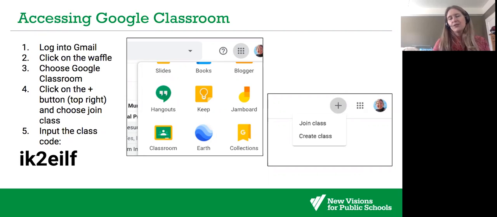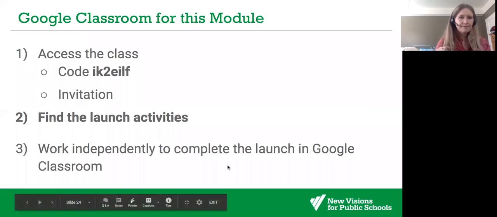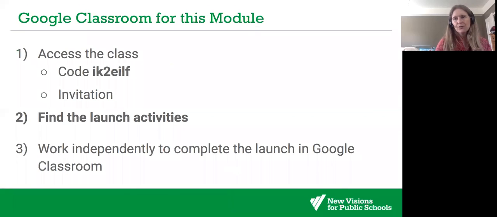And then it's going to ask you for an input code. The code for this classroom is shown on the screen there. So you're welcome at any time now or in the future to enter into that classroom and dig around and see how that's set up. So again, that's the code. And in just a second, I'm going to go into that Google Classroom and we're going to look at those launch activities that could be done asynchronously.